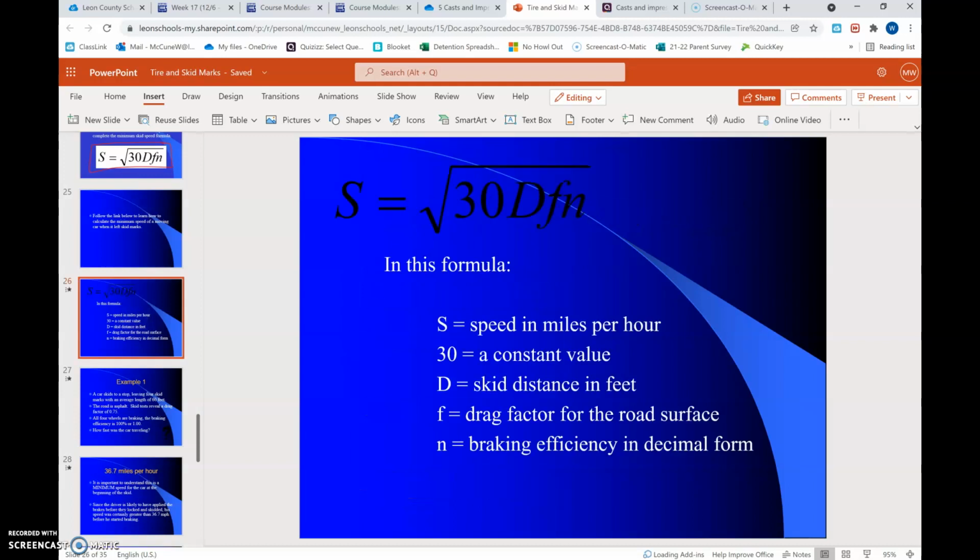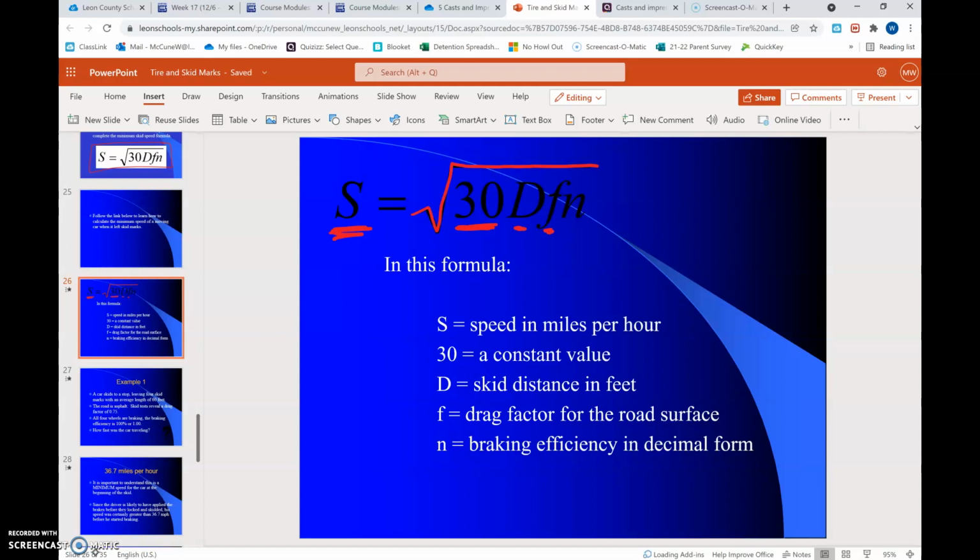Remember, this is our formula here. S is the speed, and we're basically going to take the square root of four numbers multiplied together. Four numbers are 30. 30 is always going to be in your formula. D is the distance of the skid marks, or the length of the skid marks.